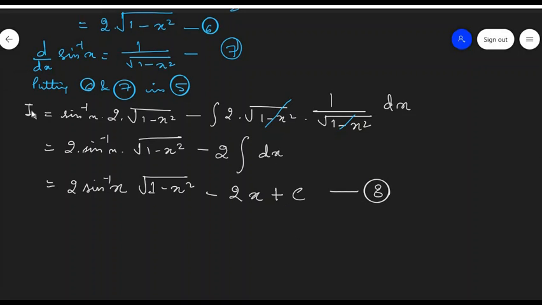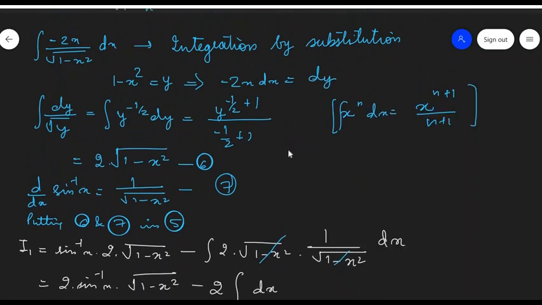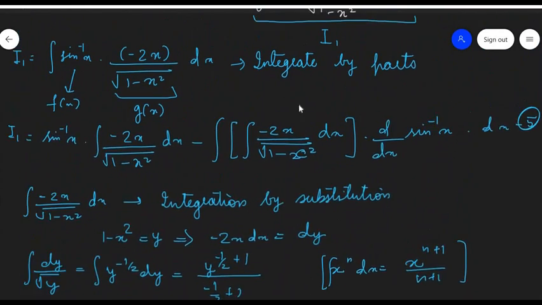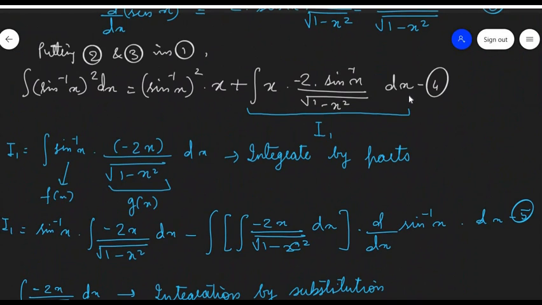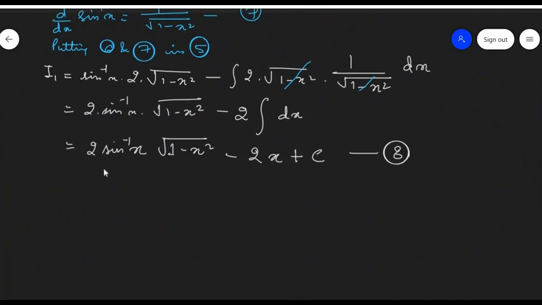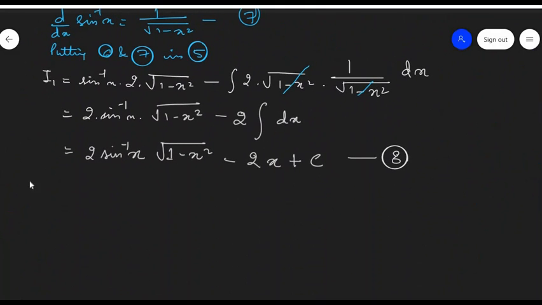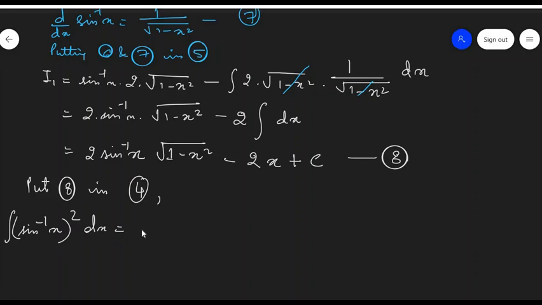So now I finally have the value of I1 which I needed way back here in equation number 4. So let's put the value of I1 here and see what we are left with. So I can put 8 in 4 and get integration of sine inverse x whole square dx as sine inverse x whole square into x minus, we have changed it to plus, this I1.